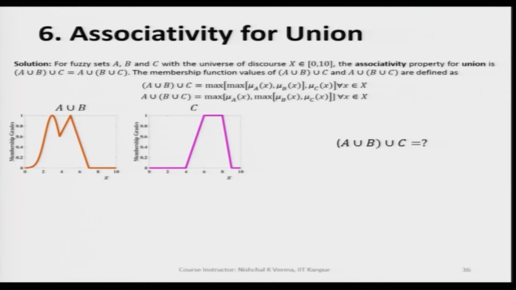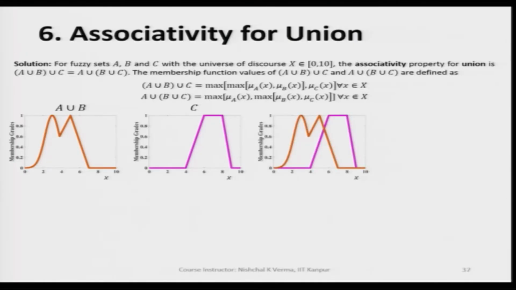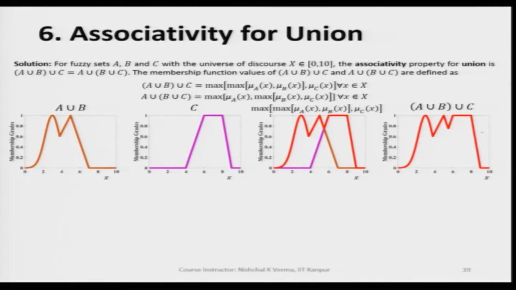So, A union B union C, we are going to get it like this. If we apply the same criteria, we are going to get this portion as A union B union C by applying the same max criteria.